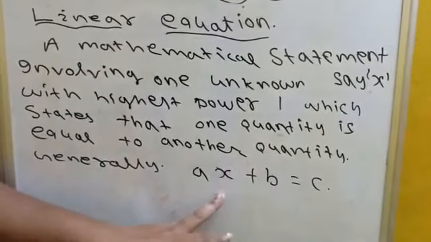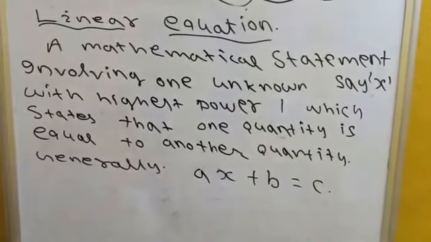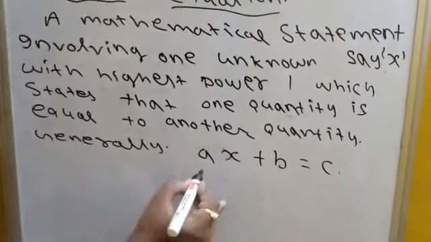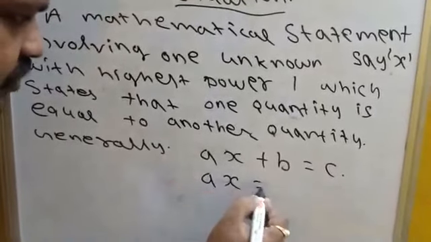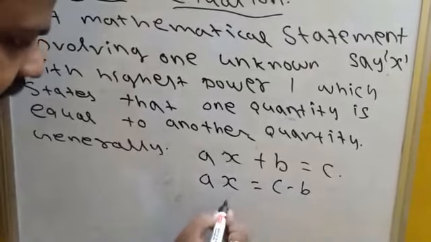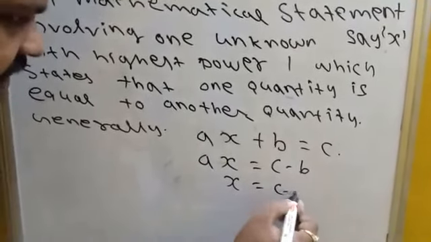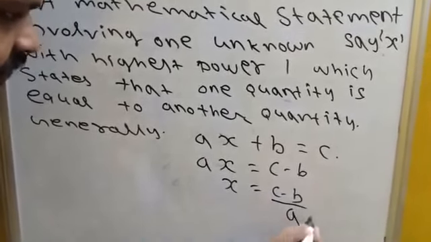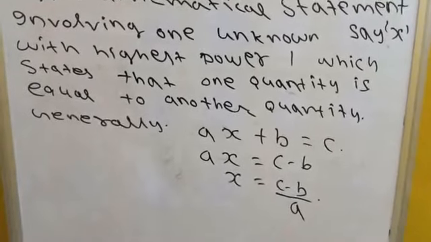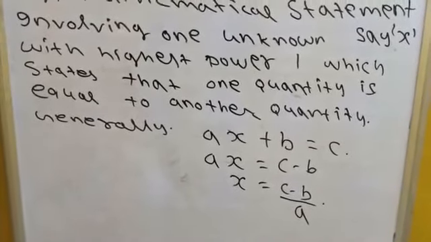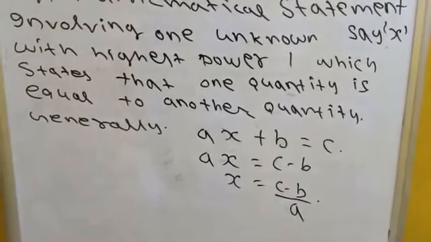So for finding the value of x, we write the steps: ax equals c minus b, x equals (c minus b) divided by a. This is about the general linear equation.